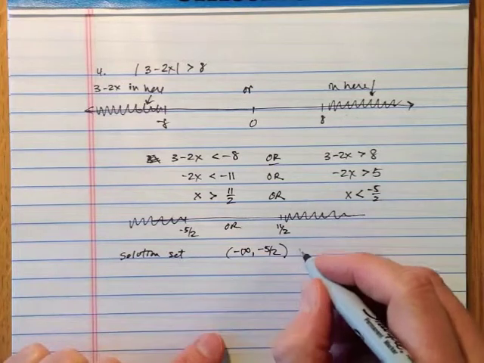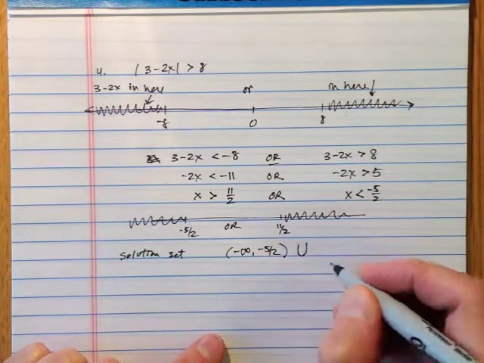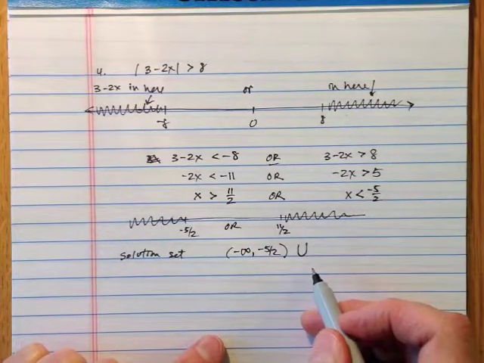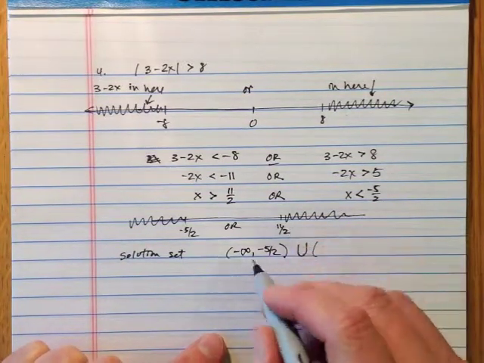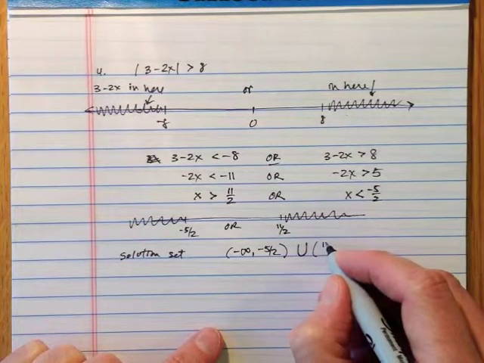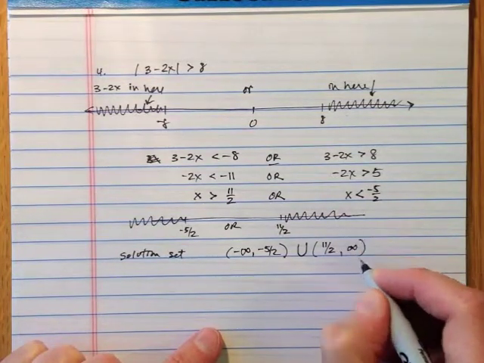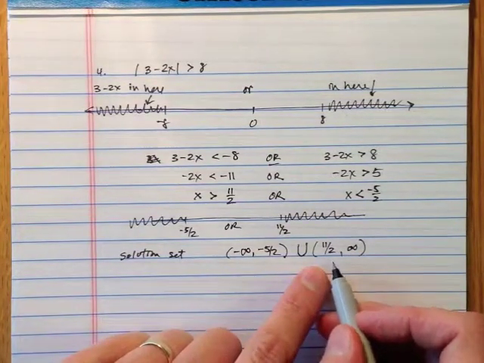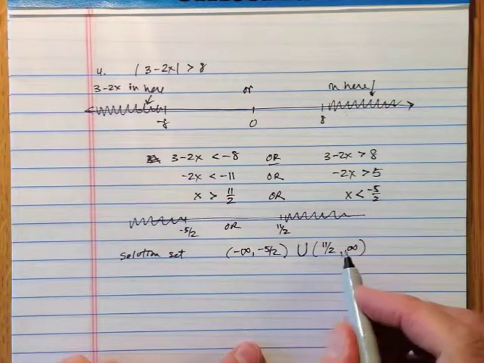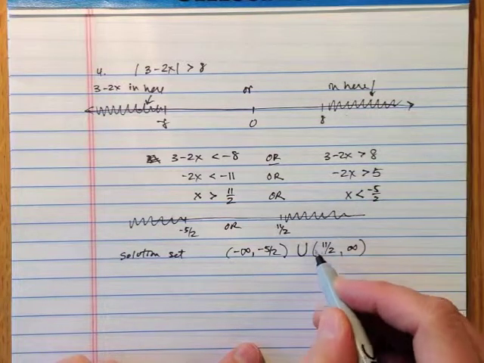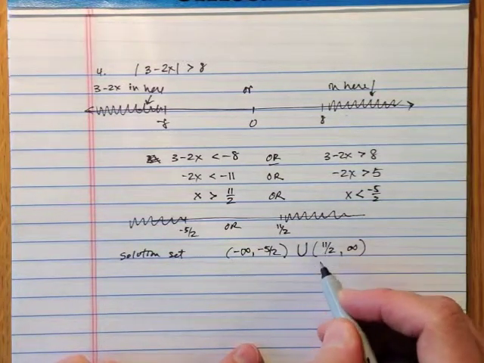That or word is this symbol in mathematics. It looks like a capital U. It's read union. So this interval union this interval from 11/2 to infinity. And also I exclude the 11/2 because this is x strictly bigger than 11/2. Make sure when you answer questions like this on a test that it's very easy to read that that's a parenthesis and not a bracket.